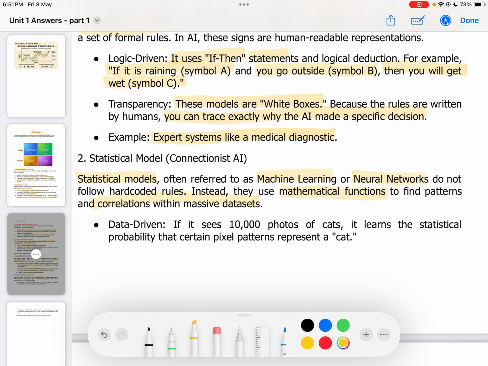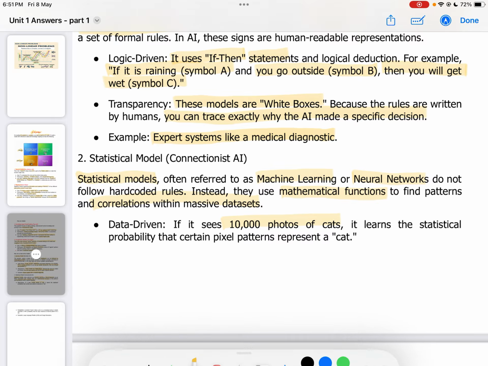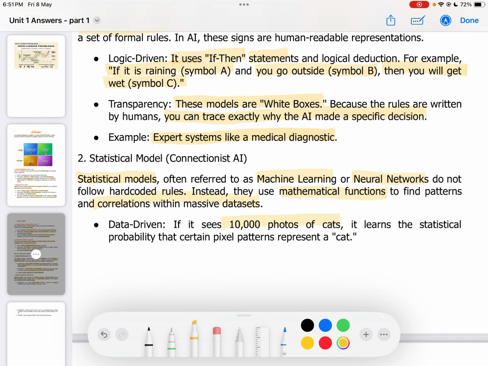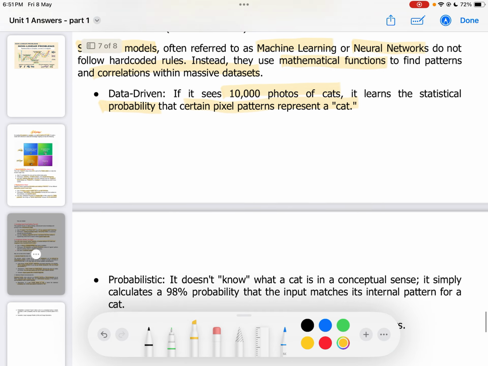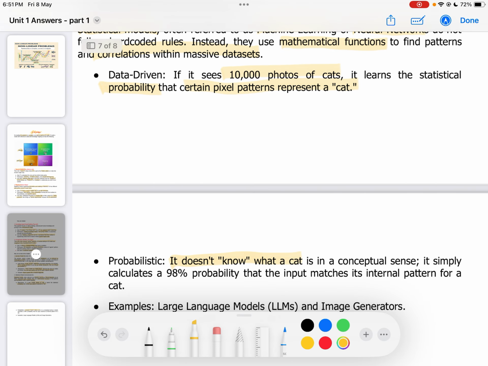If it sees 10,000 photos of cats, it learns the statistical probability that a certain pixel pattern can represent a cat. It actually doesn't know what a cat is, but out of 10,000 photos, the model learns that this kind of pattern exists in this type, which is a cat.